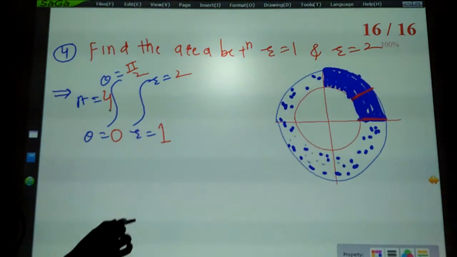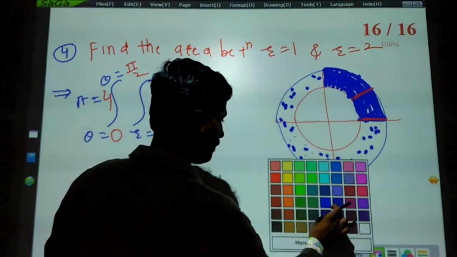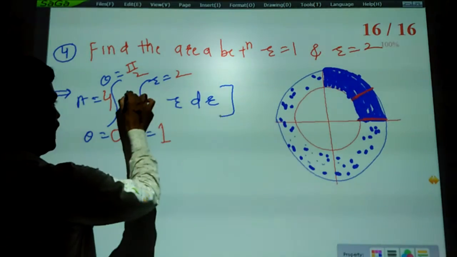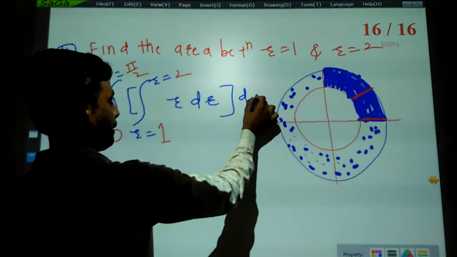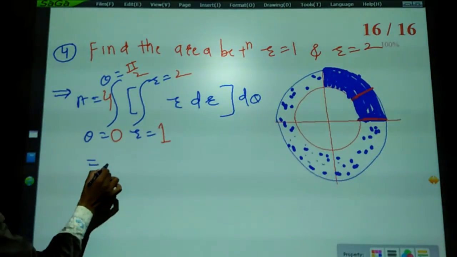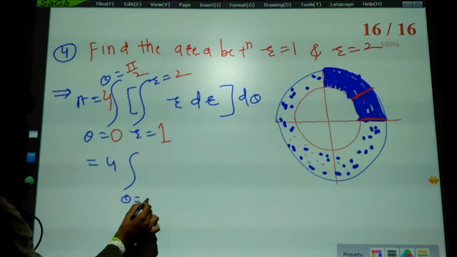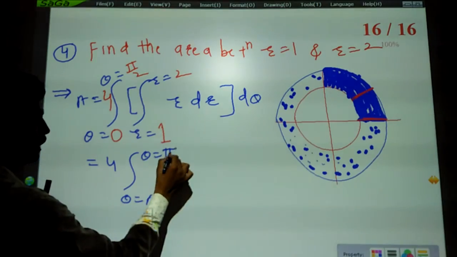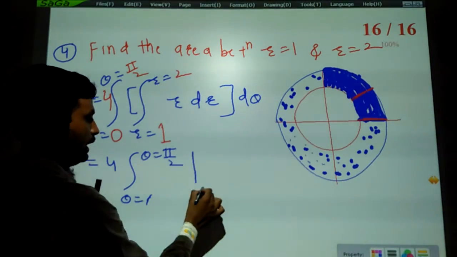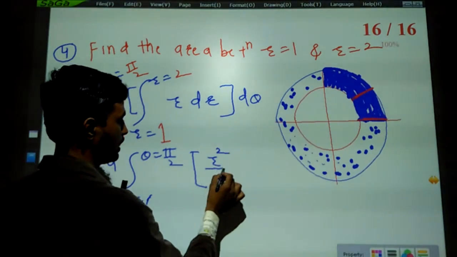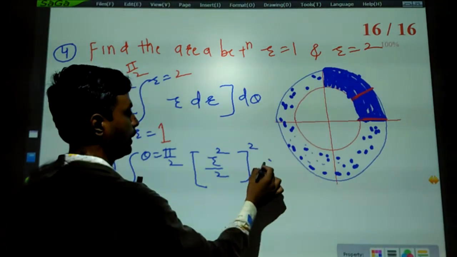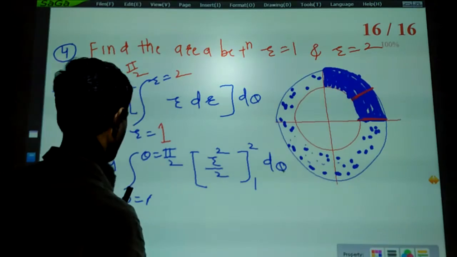We will multiply by 4. And here r dr and here d theta. So this 4 as it is, theta is equal to 0 to theta is equal to 5 by 2. Integration of r is r square by 2, lower limit 1, upper limit 2, into d theta.